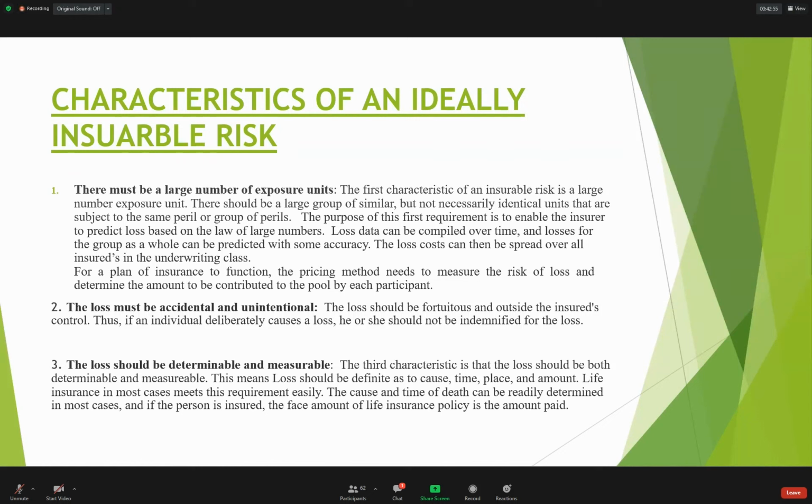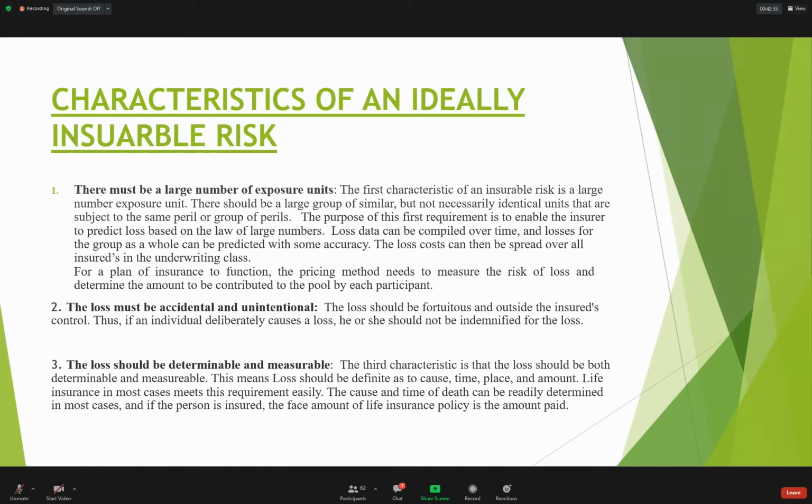The second one is that the loss must be accidental and not intentional. It means that a policyholder cannot just burn down his house in hopes of getting money from the insurer. A pure risk should be accidental and it should not be intentional.